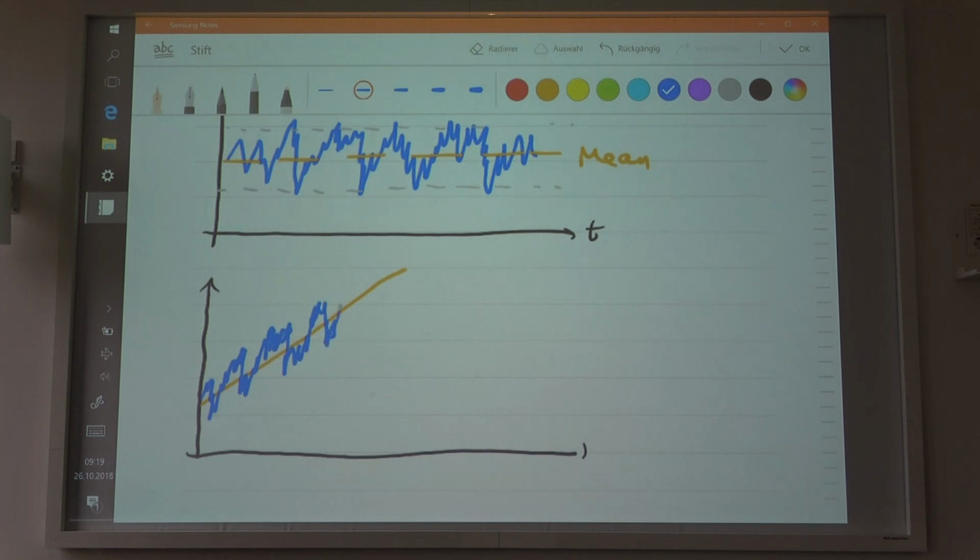Alright, you see? So this is what I mean here. Basically, the variation around that mean is constant. The mean of the process is time dependent.